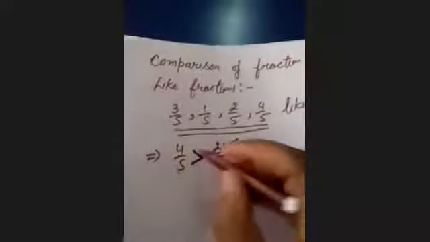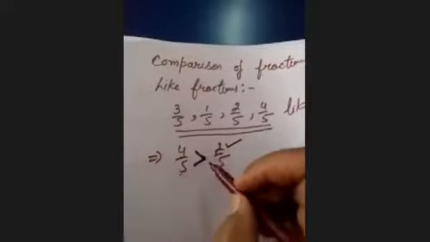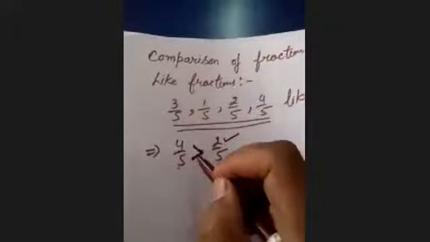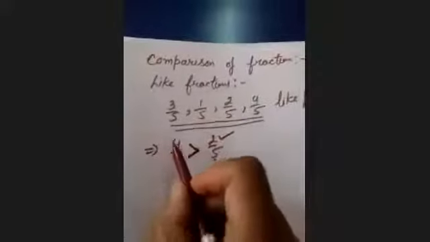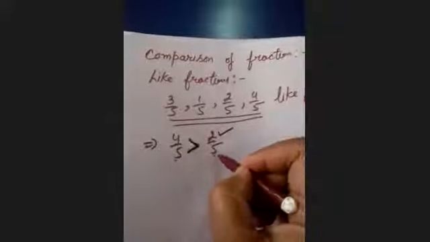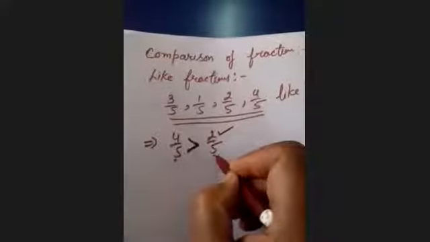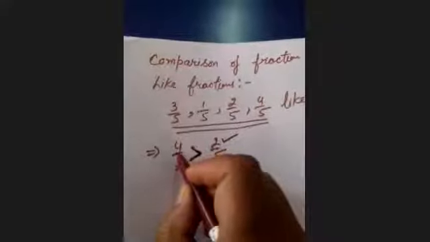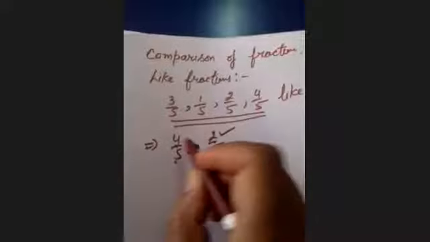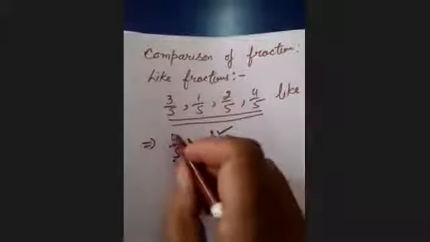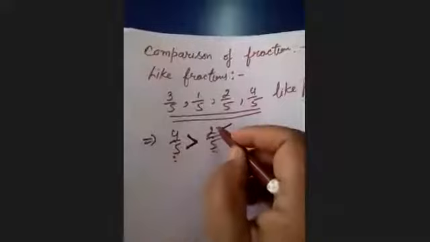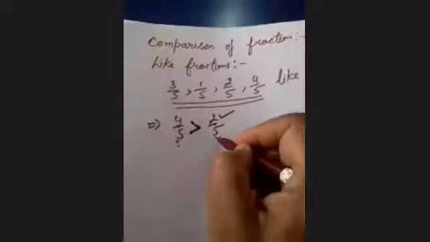So, in like fractions, we simply compare the numerators. The fraction having the greater numerator is greater. For example, 4 upon 5 and 2 upon 5. Now compare: 4 is greater than 2. It means 4 upon 5 is greater than 2 upon 5.